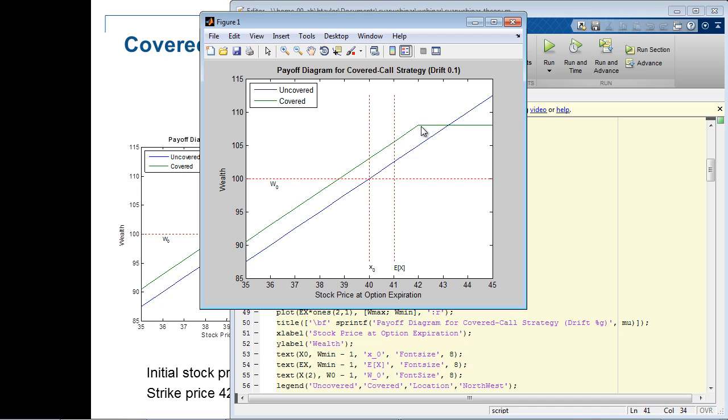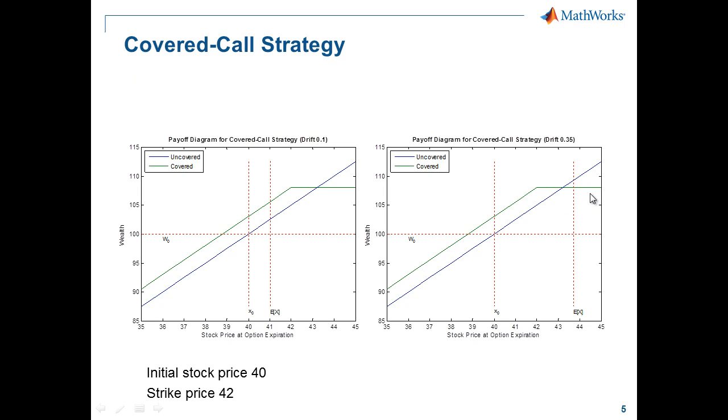The only thing is, once it gets up to the strike price, which in this case is 42, at that point, if this is expiring at that price, any price above the strike price, somebody will exercise the option and you'll only get 42 for the price of the call, so it caps your upside.